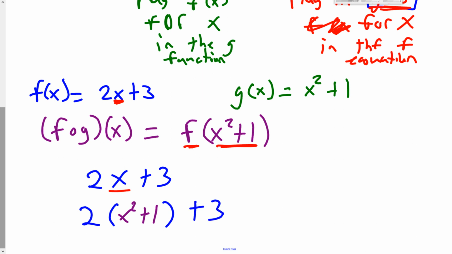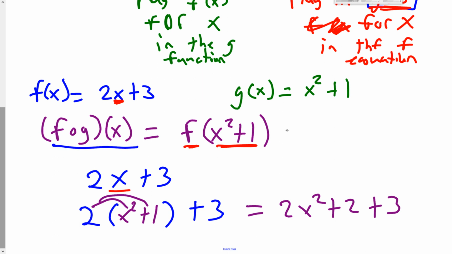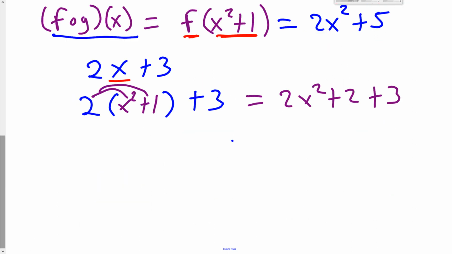Now you start simplifying, right? I need to distribute the 2 to both of those, and then we add 3. So we get 2x squared plus 2 plus 3. So then f of g of x is equal to 2x squared plus 5. And now some people might think, hey, are these the exact same?